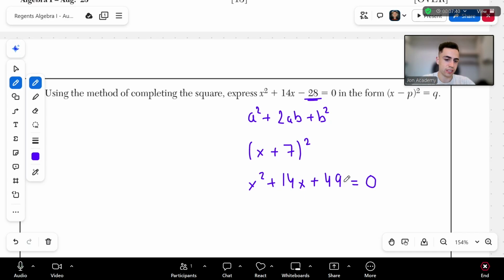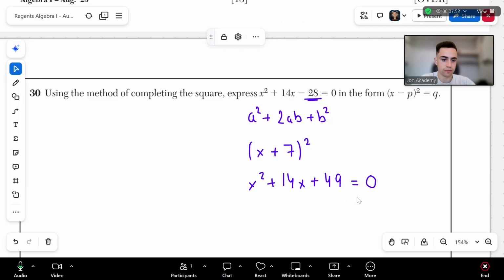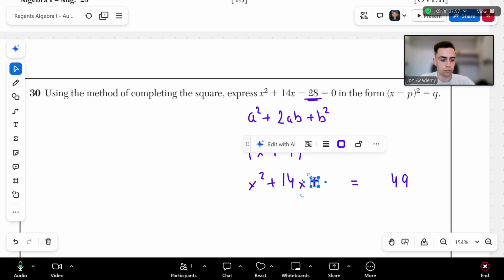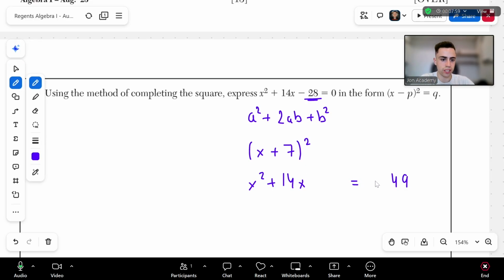That means we need to compensate this minus 28. So in order to get there a minus 28, first we need to bring the 49 to the other side, subtracting. So it will be something like this, minus 49.